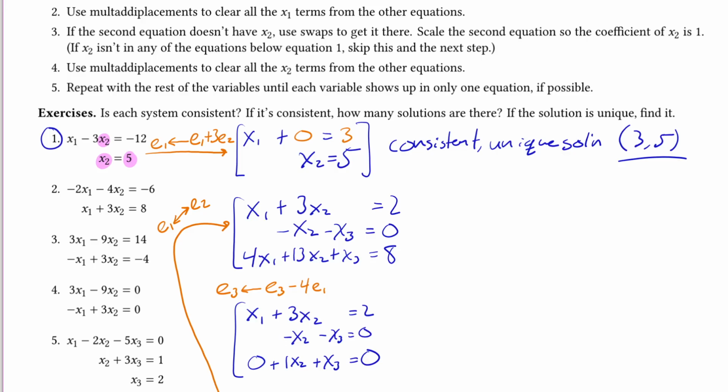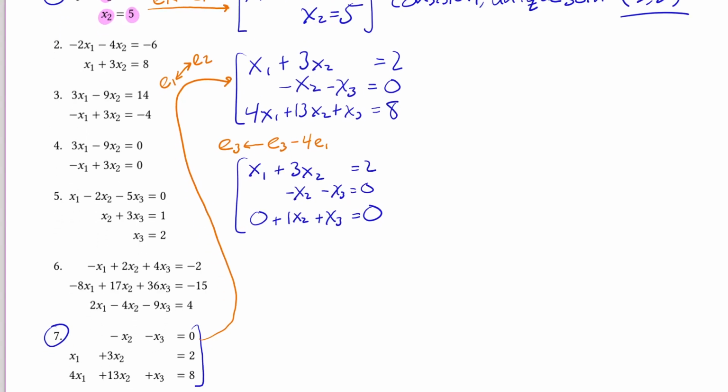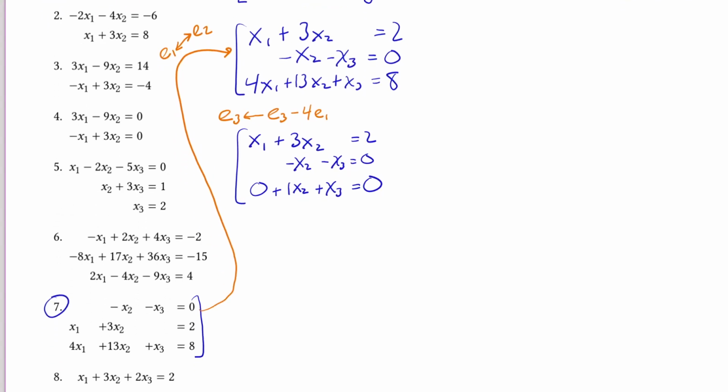We can scale the second equation so the coefficient of x2 is 1. And this one, you're going to see it's not really necessary here, but we might as well do it. So we're just going to do equation 2 scaled by -1. The first equation is unchanged.